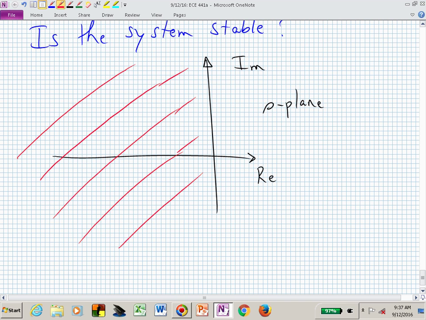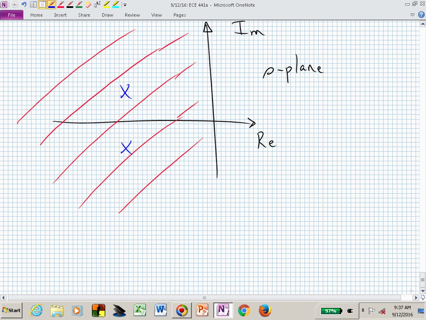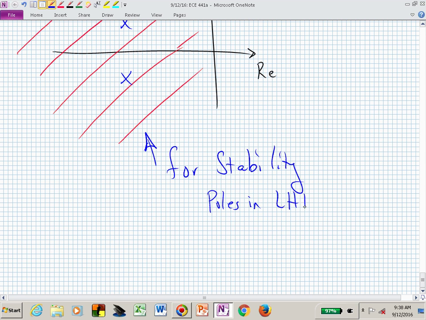If we had two poles, let's say they were complex and they were right here and here, then we want those poles of our system to be in the left half plane. They have negative real parts for stability. And I know that you're going to be texting this a lot, so let's just abbreviate that LHP for the left half plane.